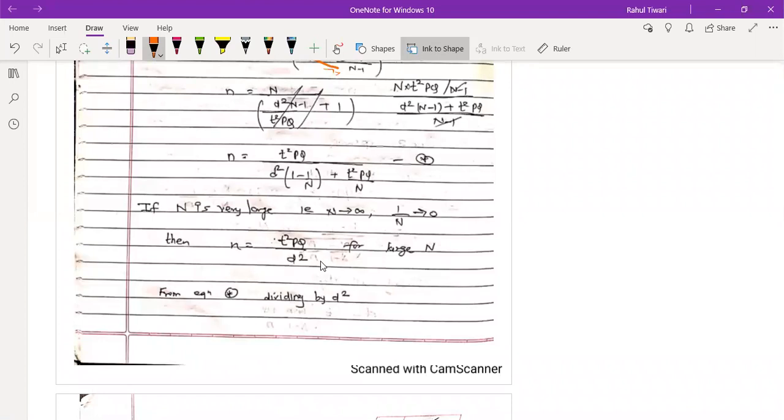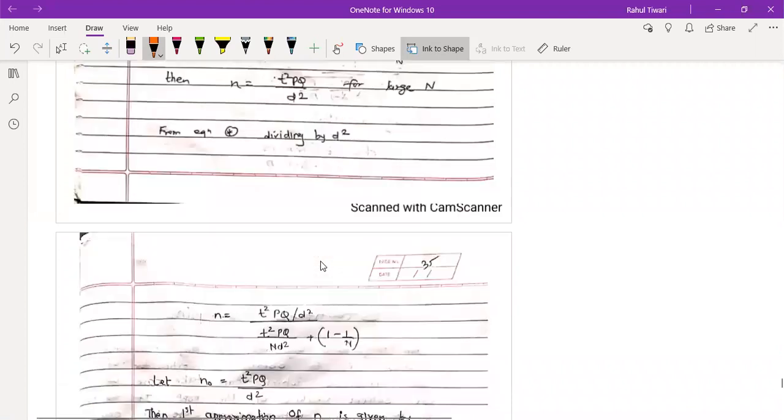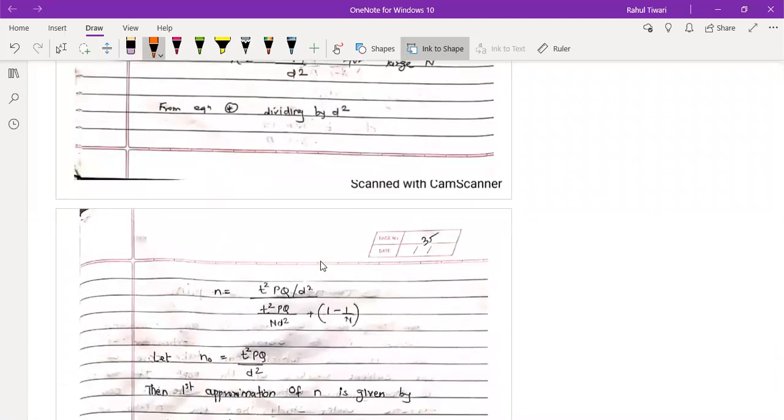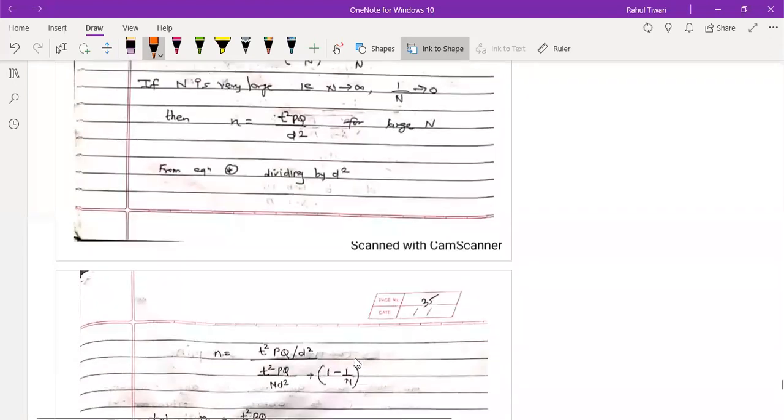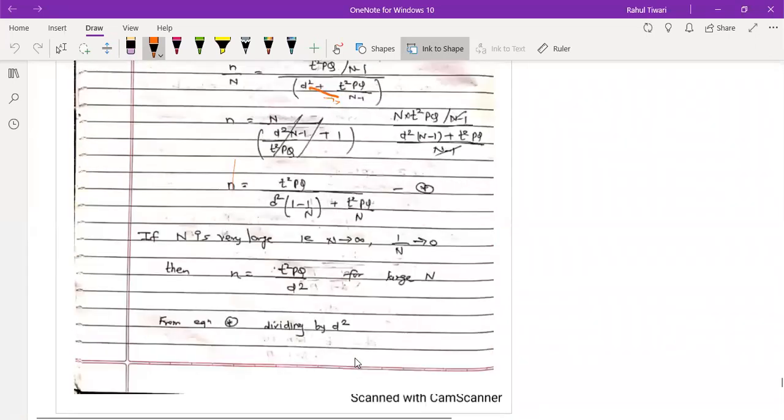But what I did, suppose I am dividing throughout this quantity by d square. So I am dividing by d square here and dividing by d square here. So this quantity divided by d square will get this quantity. And dividing by d square here, this is going to be 1, remaining is 1 minus 1 upon n, t square pq upon d square into n.